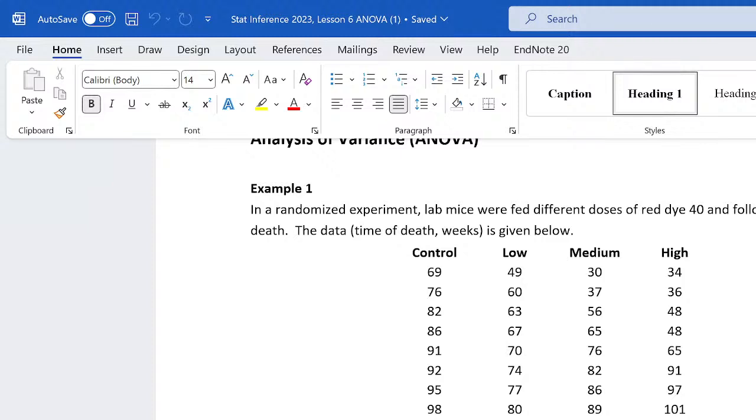We square that. And then we go to the next one, 76, and subtract 75. These, of course, are deviations from the mean. I keep going until I get to the last one, 101. I don't really feel like writing all of that. And that's called the total sum of squares.